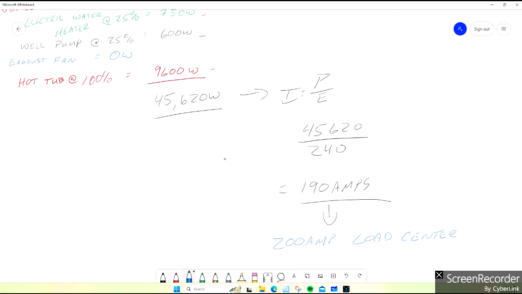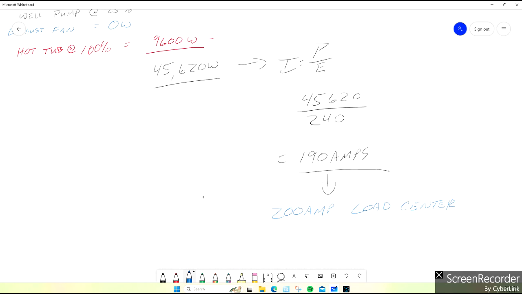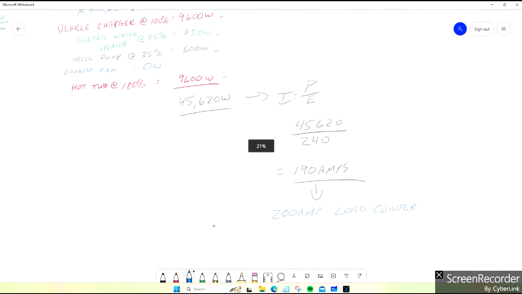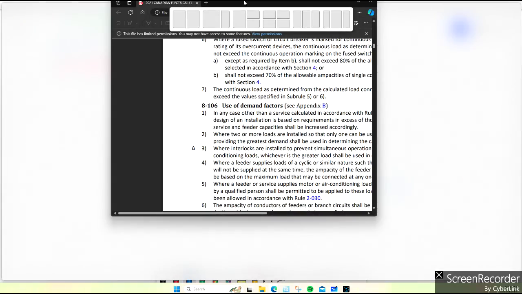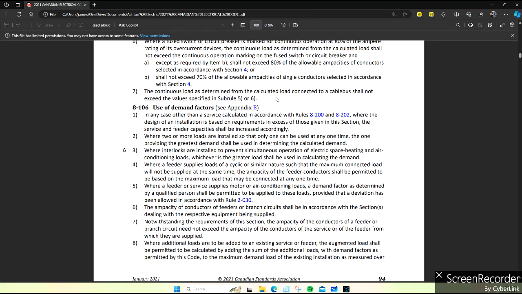And again, at the load center, make sure it has spare breakers, at least 4. And of those 4, 2 have to be side by side to accommodate a 2-pole breaker. Just in case some of you question the equipment rating, the 80% rule and all that, a residential load calculation is considered non-continuous.